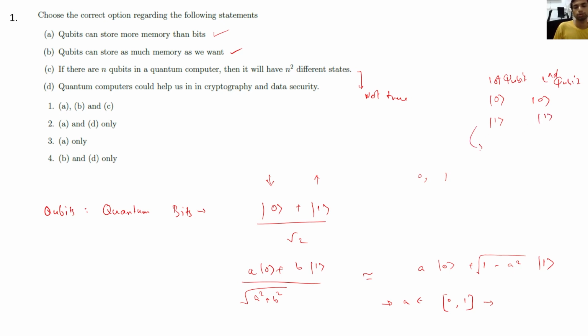So if you have two qubits, then the possible number of states is 00, 01, 10 or 11. From this you can build up any linear combination of the states. But how many different states we can make is 2 to the power n states. So this is wrong.